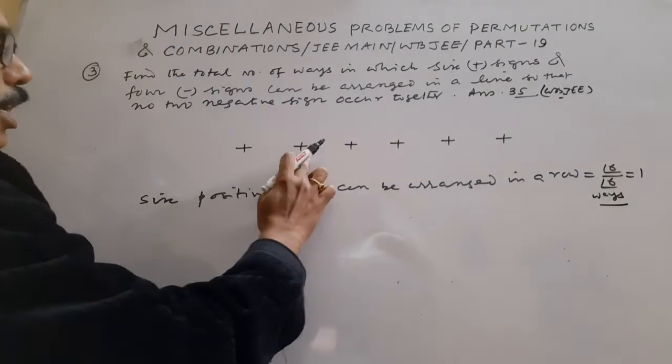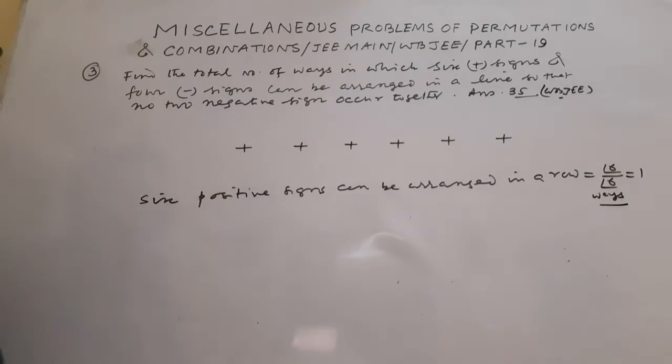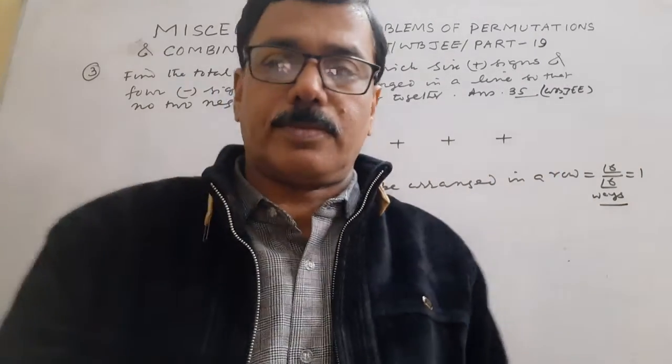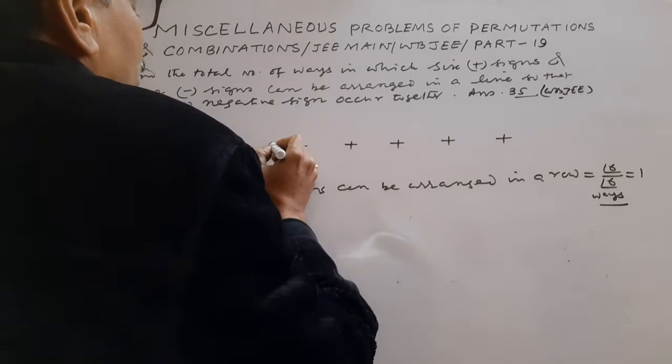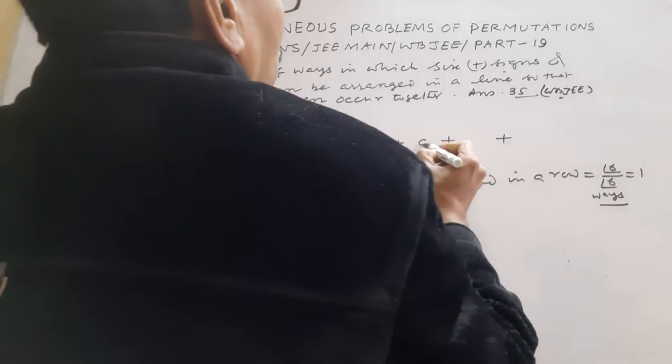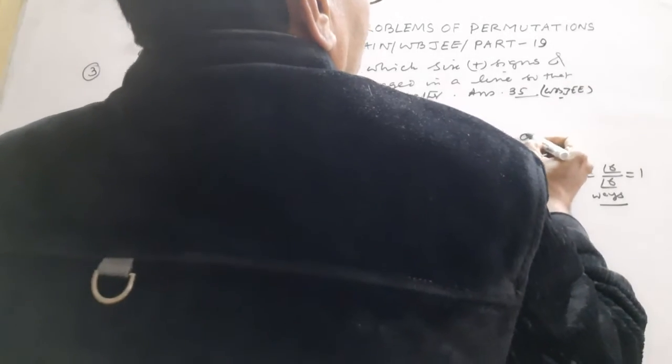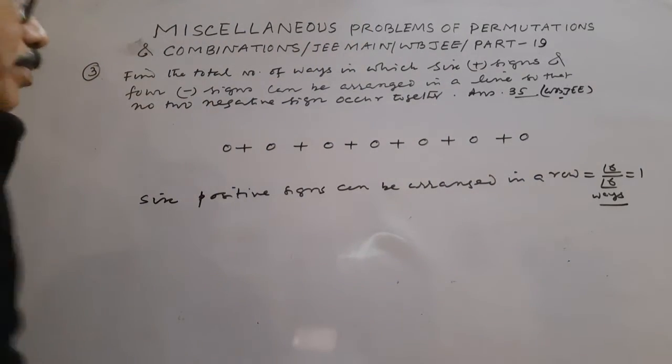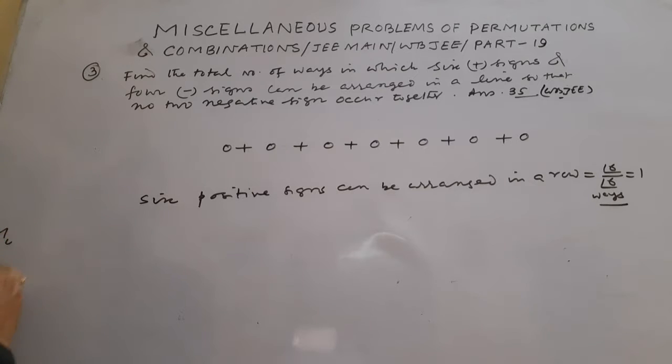So look, there is no distinction. Now how many gaps? 1, 2, 3, 4, 5, 6, 7. 7 gaps.